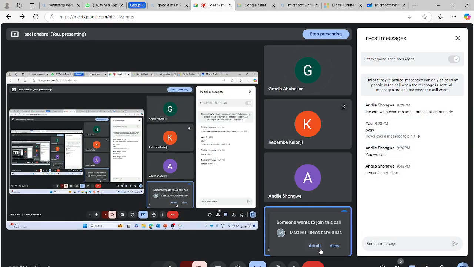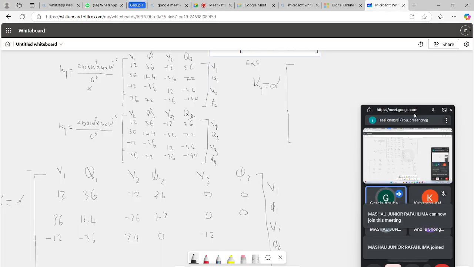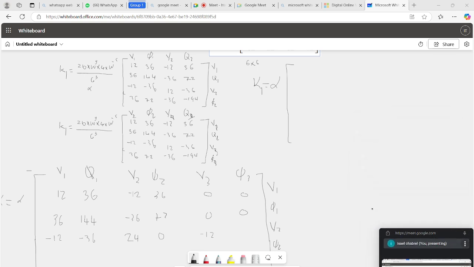But there's no need of expanding because it's straightforward there. Now you are between V3 and V2. You are right, minus 12. Now we have phi 3 and V2, which is minus 36. Now it's fine, my brother.